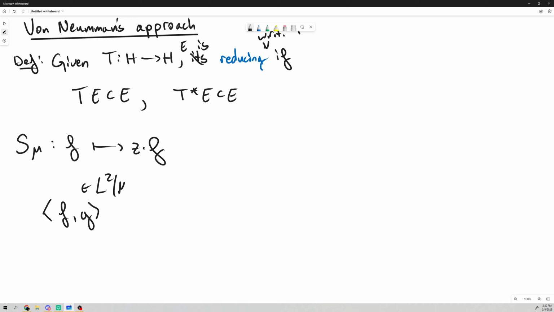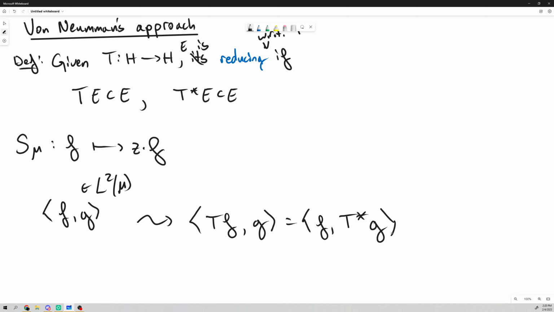If I have some operator T, the adjoint satisfies this relation: the inner product of T applied to f with g is equal to the inner product of f with the adjoint of T applied to g. So maybe you can guess that for the multiplication by Z operator, the adjoint is exactly multiplication by the conjugate of Z.